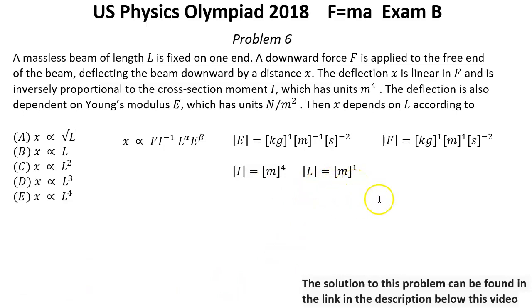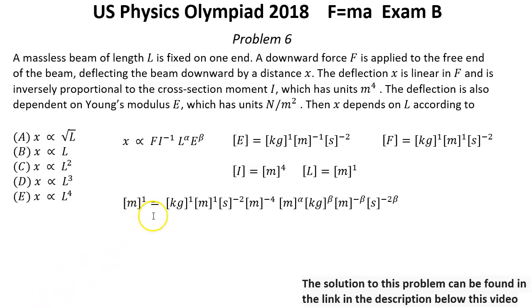So when we use this data, we can put it in the first proportion and find that we have this equation for dimensions. From here we can compare dimension for meters, that will be this one, and for kilograms, from which we can find that beta equals -1.